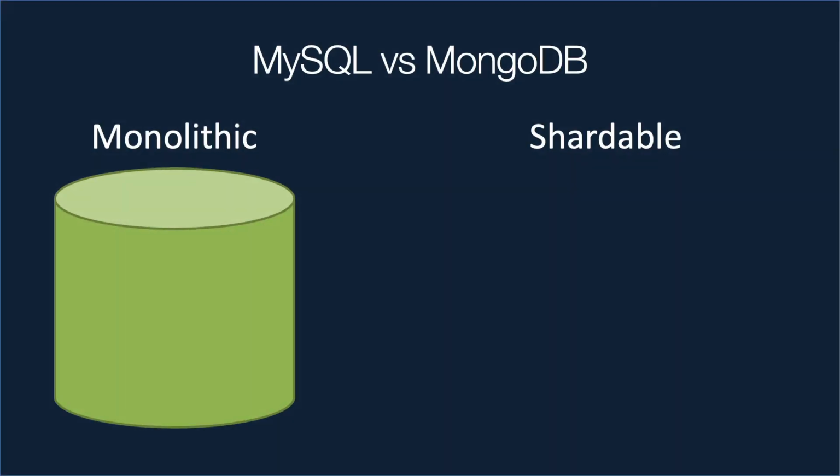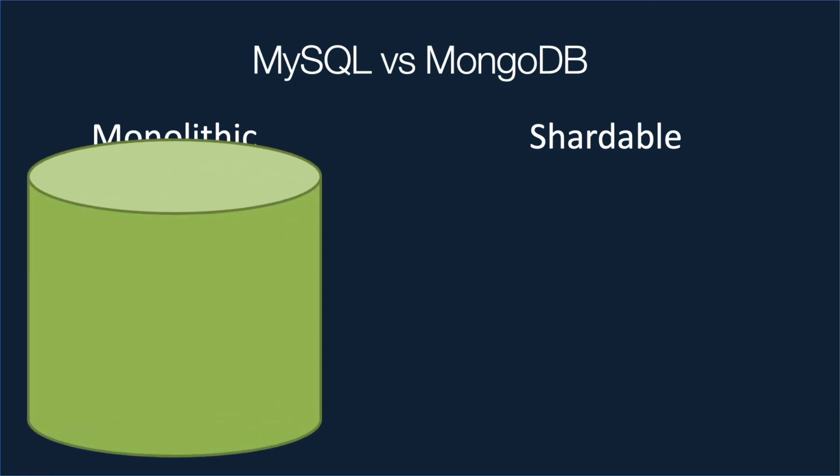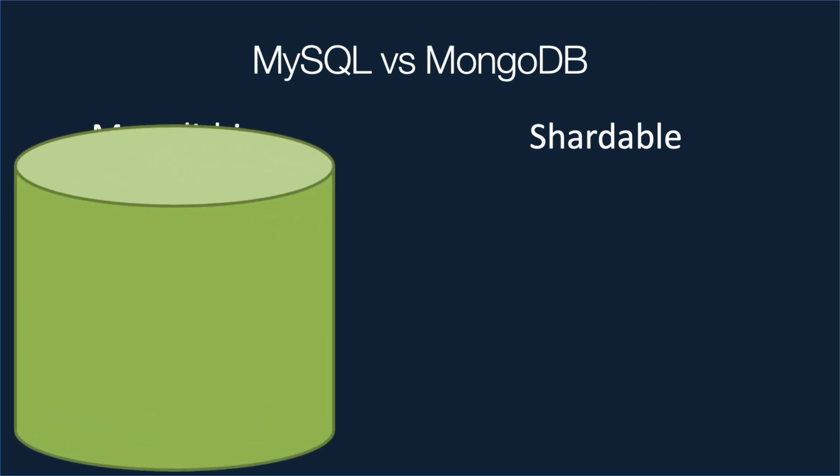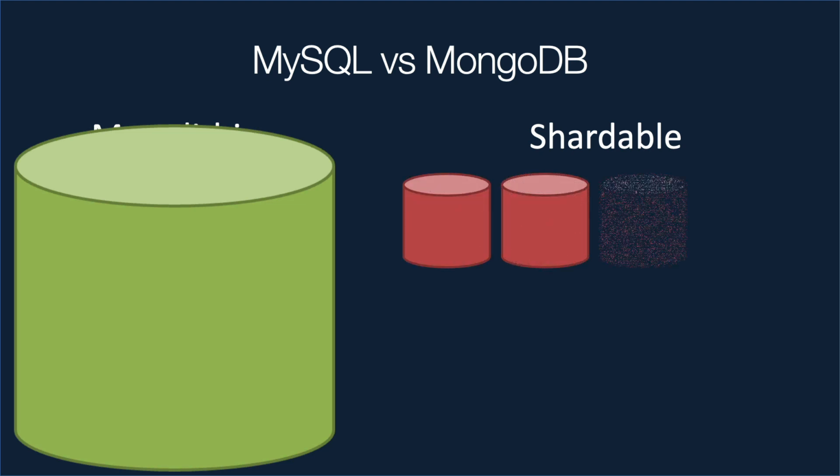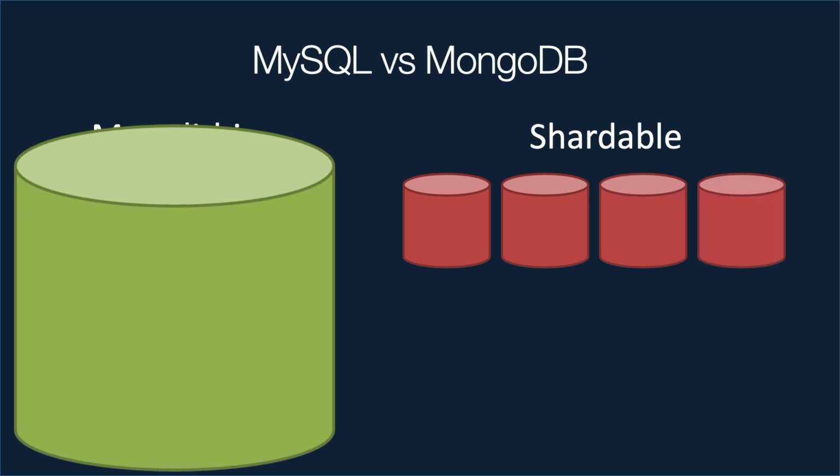One difference that you'll notice between these is that SQL databases are rather monolithic. That means that they work really well on a single server. If you need a bigger database, you just add more memory, more hard drives, and then you have more data. However, eventually you'll outgrow a single server if you have a large-scale app. And so then you start doing shards.